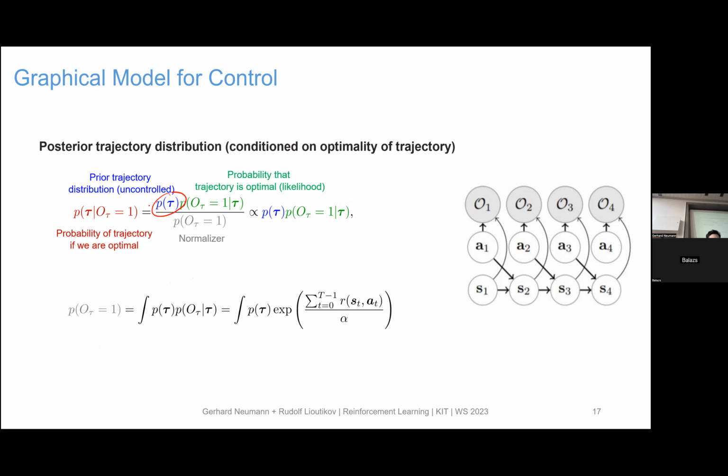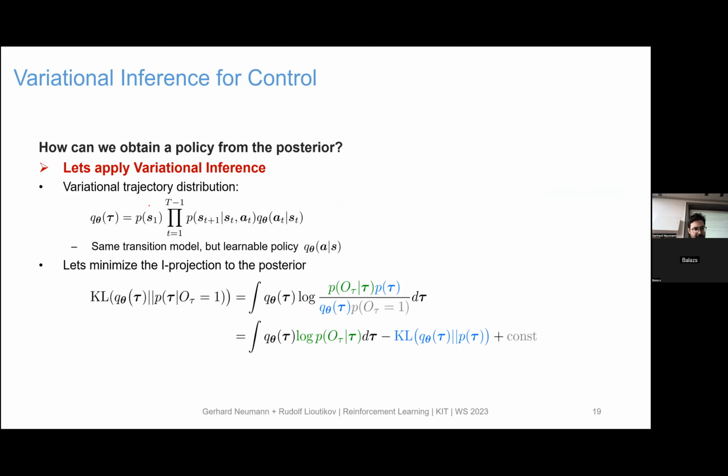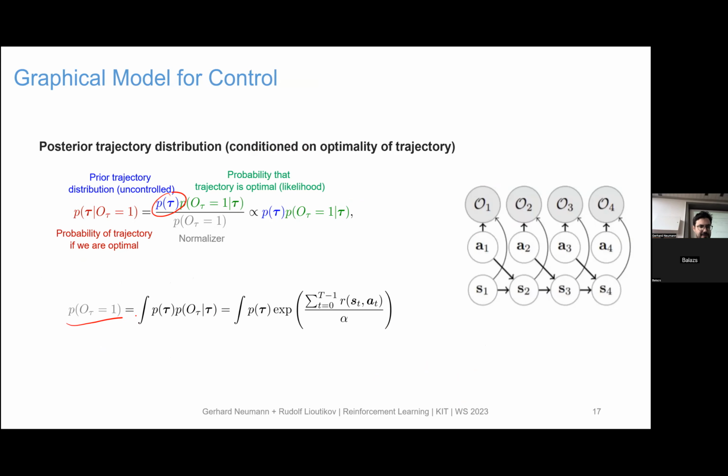This guy is again hard to compute. But for us now, it's sufficient to know that this posterior probability of trajectories given optimality is proportional to the prior times the optimality likelihood.